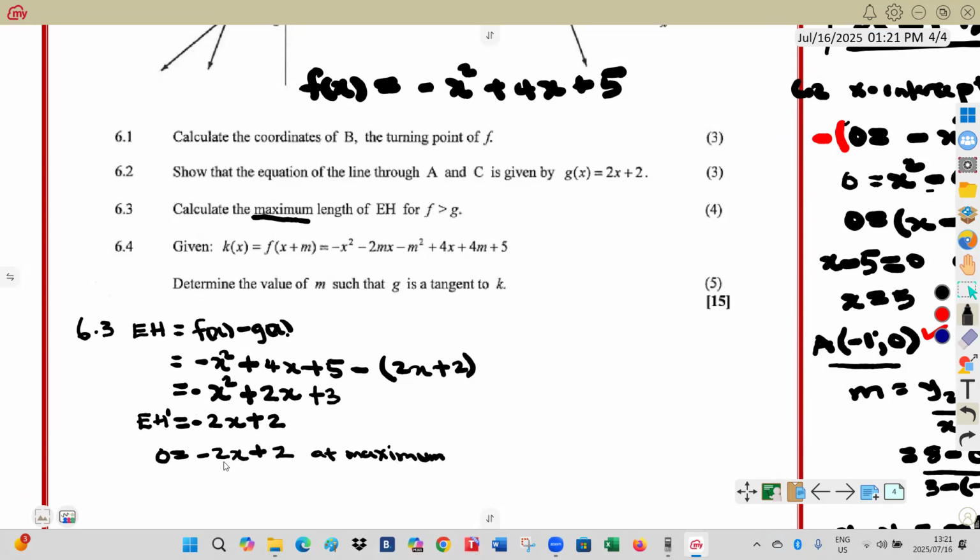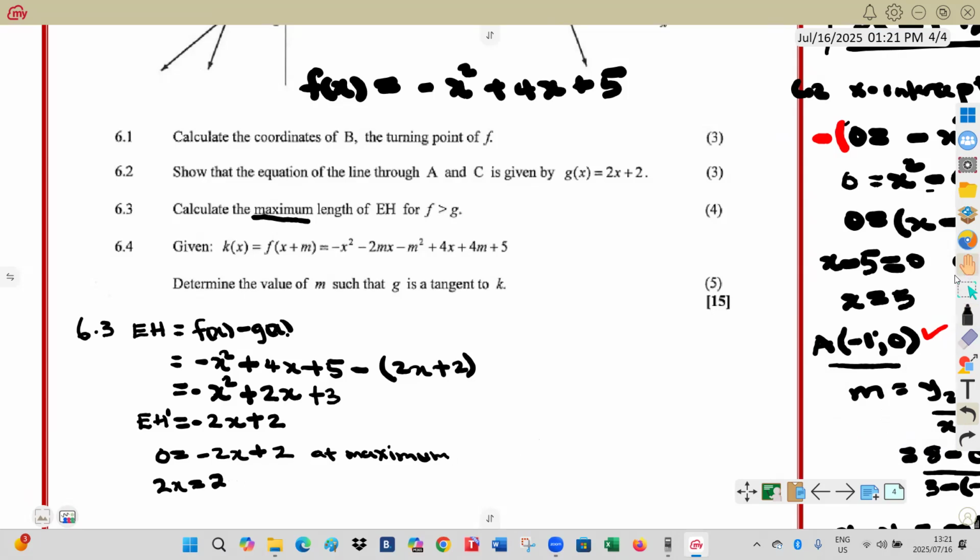Then take this one to this side. If you transpose it, the negative becomes positive when transposed. So it becomes 2x being equal to 2.